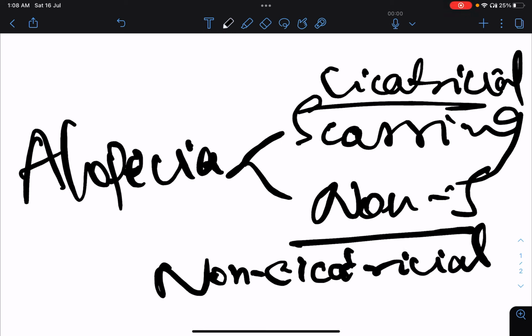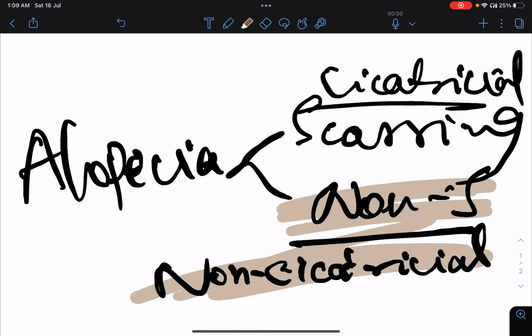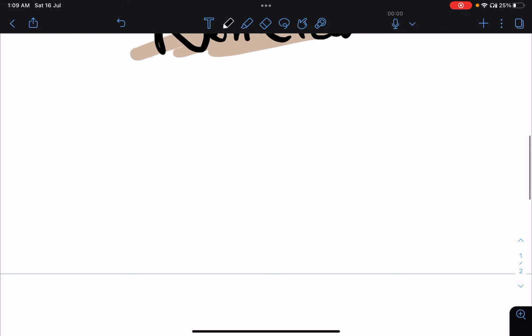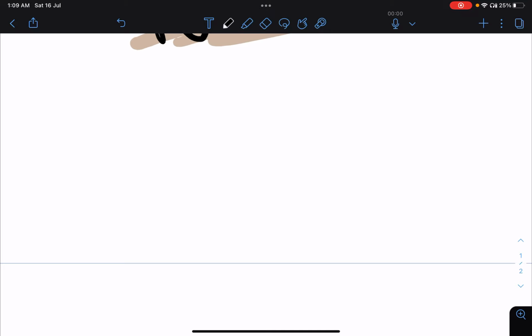Having said that, let's directly jump into the more important one, that's the non-scarring or the non-cicatricial. Why do I call it the more important one? Simply because this is something that you would see regularly, quite common in your relatives.